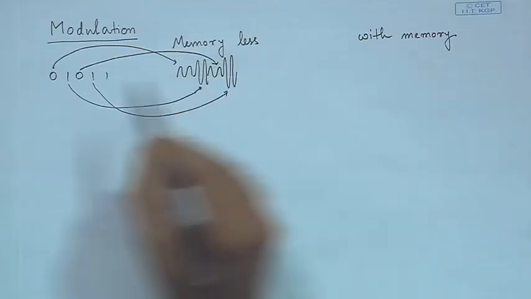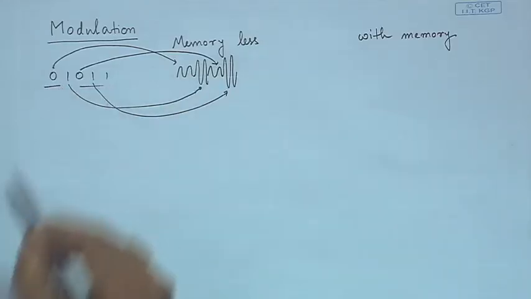Whereas, with memory modulations, we clearly look at the previous and the future bits, or the symbols that are going to come. So, it is basically looking at the previous output. So, there is some kind of memory involved in the past. Memory means it is the past, right. So, when we say with memory, it uses some information of the past in taking action on the present.